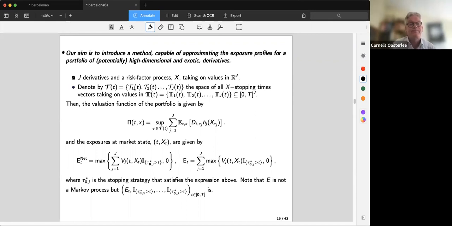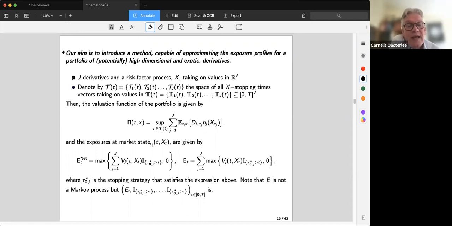For all of our risk factors, we have a set of stopping times, right? Then the valuation of a portfolio is the supremum over tau in curly T of the sum, j runs from 1 to J, of the expected value of the discounted payoff up to the stopping time tau_j.